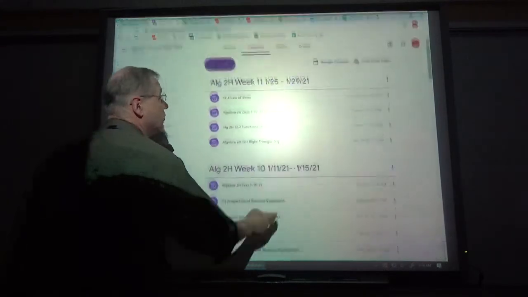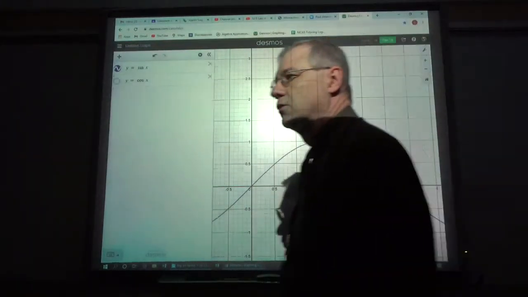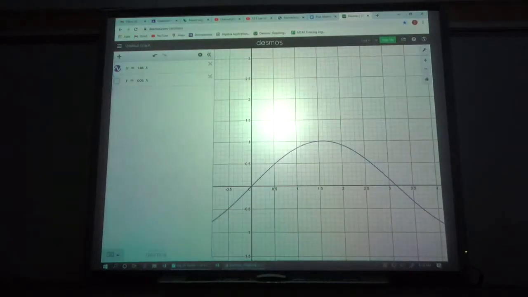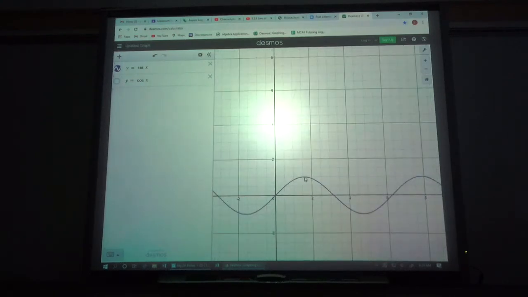Let me go to Desmos here. And in Desmos, one of the things you're going to notice is that the highest value that y equals sine of x will give you is +1, and the lowest value is -1.